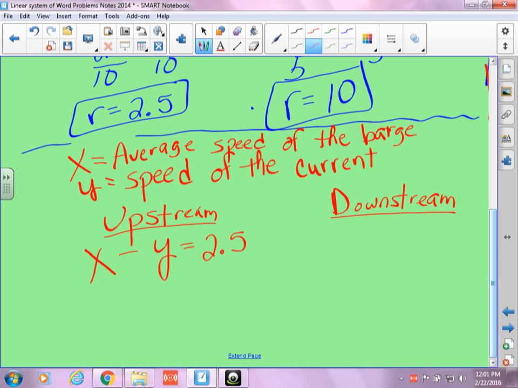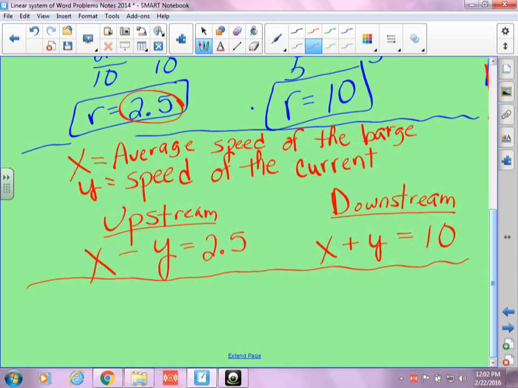And I get the 2.5 from up above. If I didn't find out part 1, I couldn't do the problem. Now I'm going downstream. So x plus y, because it's pushing my boat, equals 10. That's part 2.